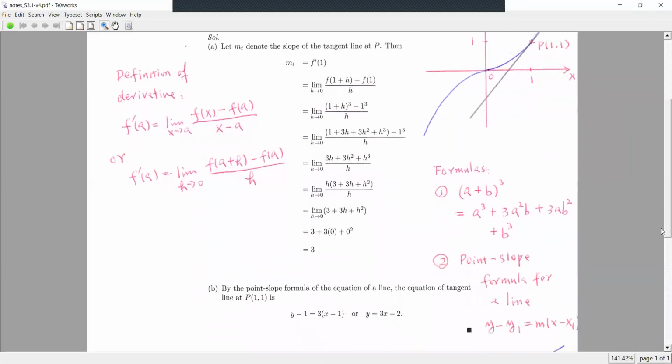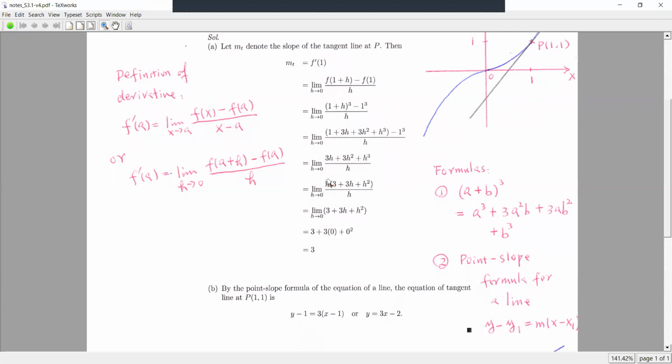Now simplify the numerator. I can see that I can cancel 1. Then I have this equation. I can further cancel h from the top and from the bottom. To see that, I factor h in the numerator out to get this equation.